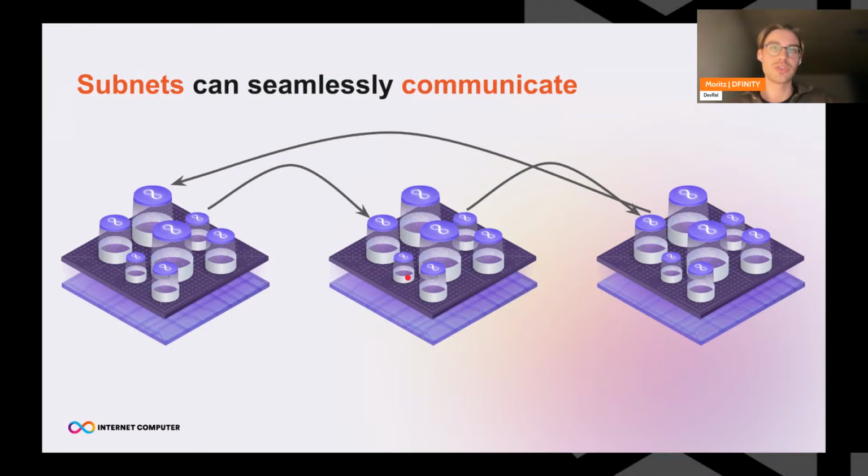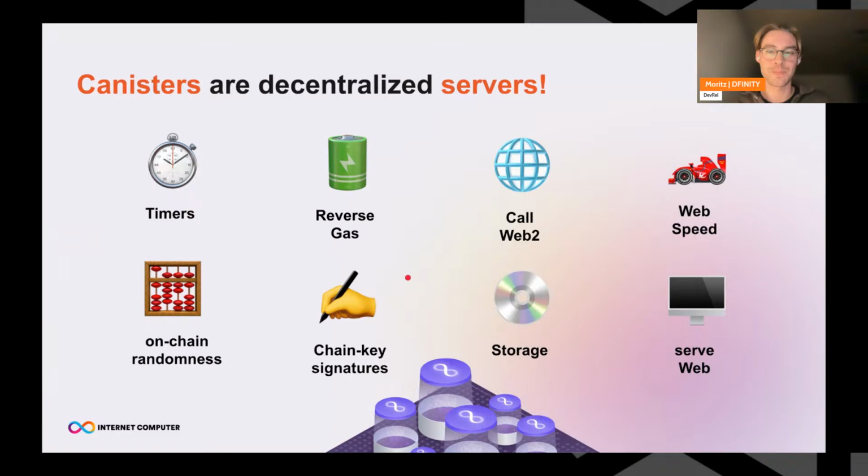And this is also the feature that allows the Internet Computer to scale horizontally. If the Internet Computer Protocol needs more computation or more storage, it can take idle node providers, group them together and make them form a subnet, and that adds more storage and more compute to the network.